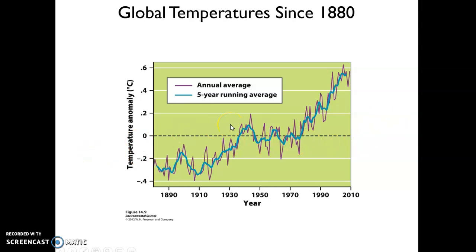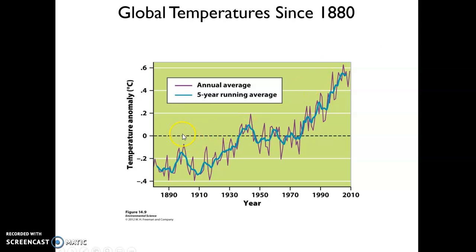And above it, you have temperature increases of 0.2, 0.4, or 0.6 degrees from this average line, or decreases of 0.2 or 0.4 from this average line. And by the way, NASA does update this data monthly, so you can continue on to see what's going on up until the current time.